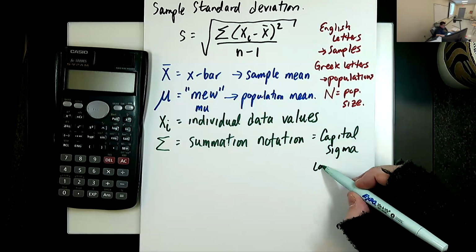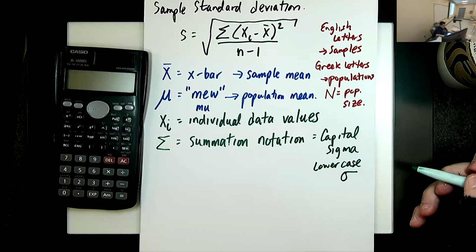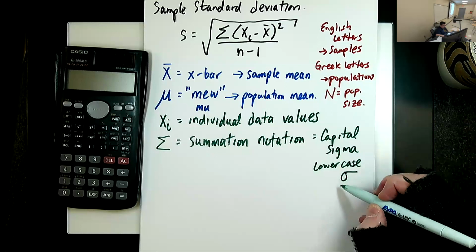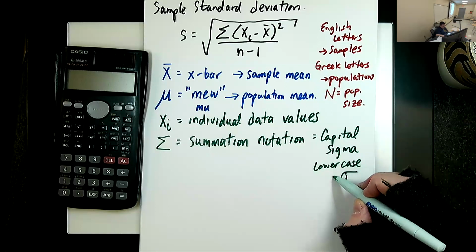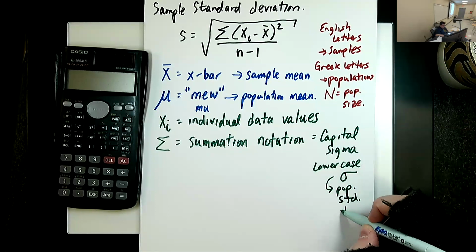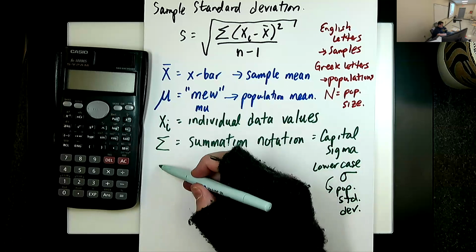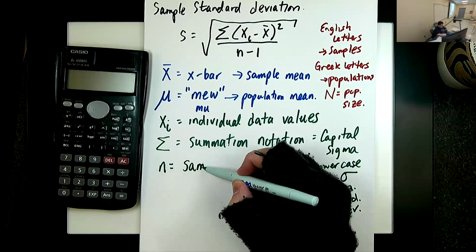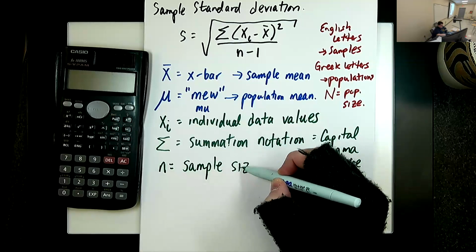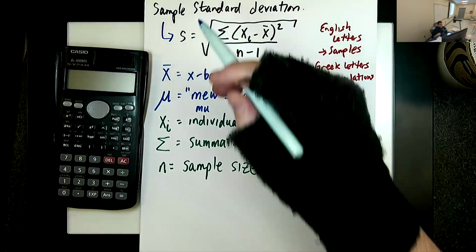The lowercase sigma is that, and oddly enough, this will be population standard deviation, so it has a value in stats as well. And little n is our sample size. As I already said, it's the name of the page, sample standard deviation.